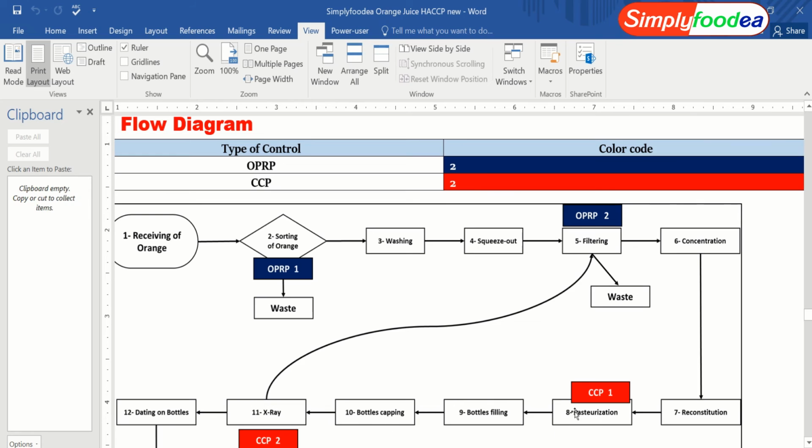So the pasteurization process will be an OPRP and the CCP will be the last process of controlling the microbiological hazard.